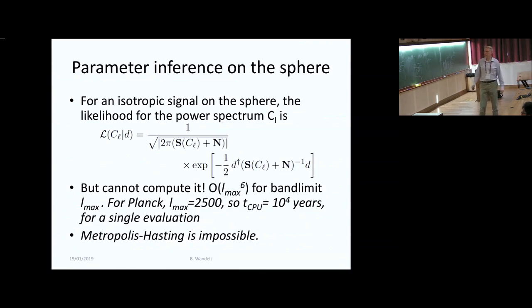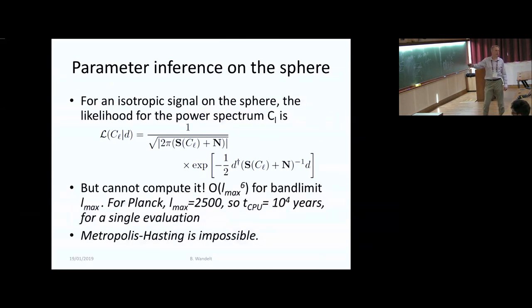Maybe you say that we know that they're not infinite, because otherwise we would be frying from all the power of radiation coming from the sky, etc. So there's some prior, and then there's the likelihood that says that the data, the CMB sky map, is going to be drawn from this Gaussian here, which has a signal covariance, which is parameterized in terms of the power spectrum, plus some noise covariance. So the data is signal plus noise, where the signal has this covariance and the noise is this covariance.